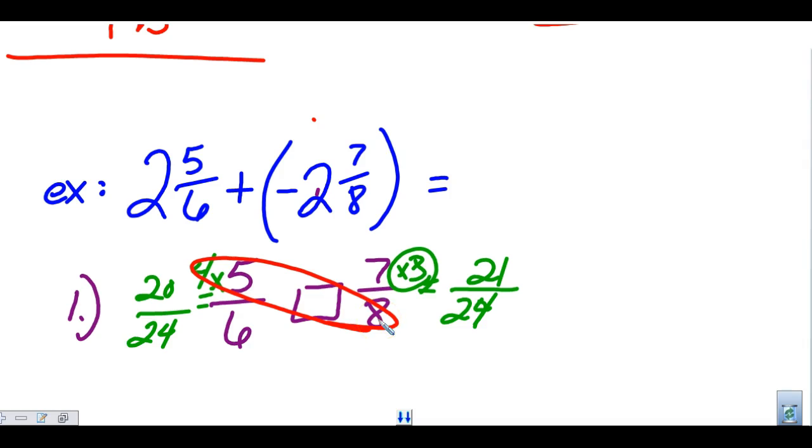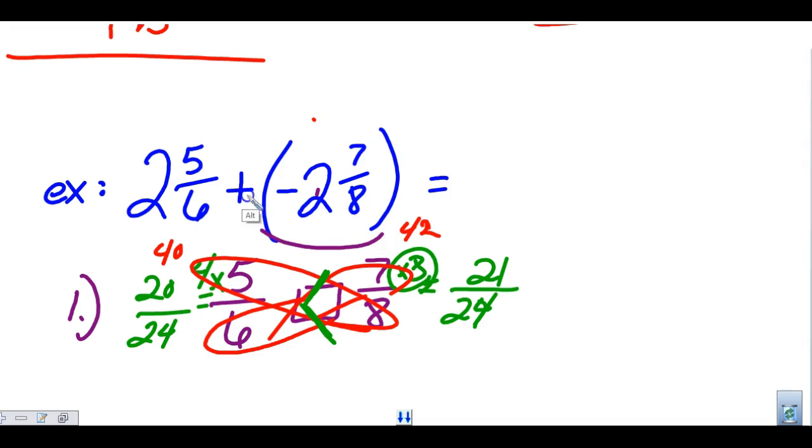So 8 times 5 is 40. 6 times 7 is 42. 42 is greater than 40, which verifies our conclusion in the beginning that 5/6 is less than 7/8. This tells us our second mixed number is our larger number.